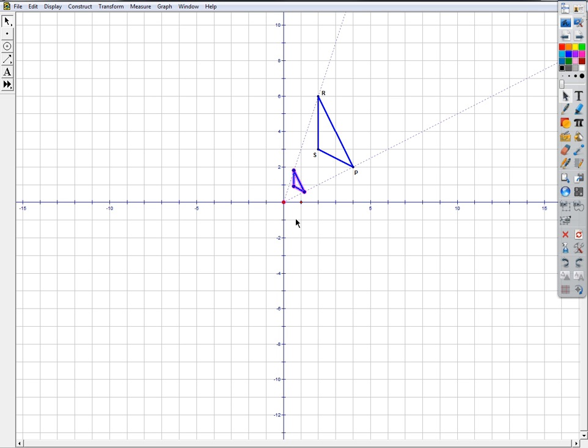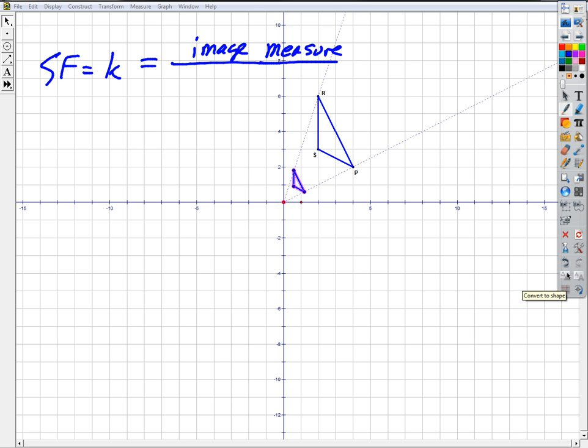Why does that work? Well, if K is the scale factor, and here's the way we define K, K is the scale factor. Think of it this way: the scale factor is going to be the measurement on the image. And I should make that red.